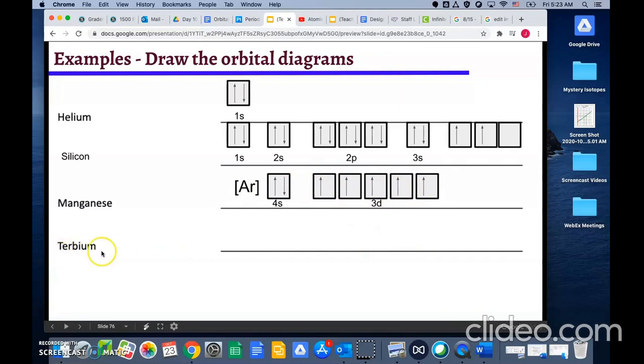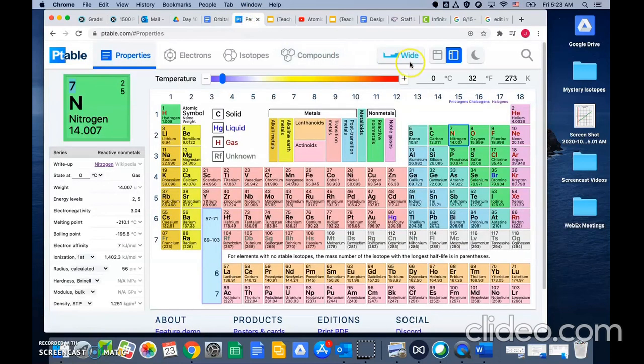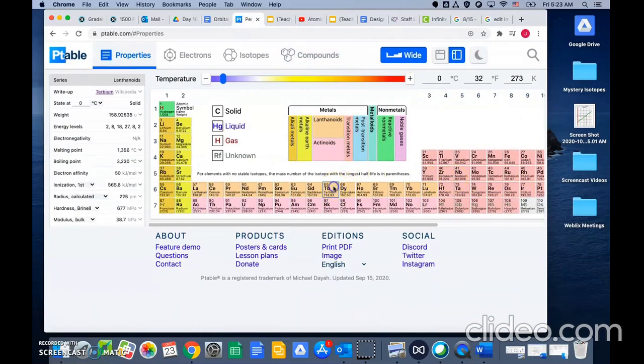Last up is terbium. Where is terbium? Terbium's right here. And so again, we're going to fill that in with noble gas configuration. This is a little bit tricky to figure out which noble gas you should be using. For this, I like using this periodic table because you can do the wide view. So here's terbium.